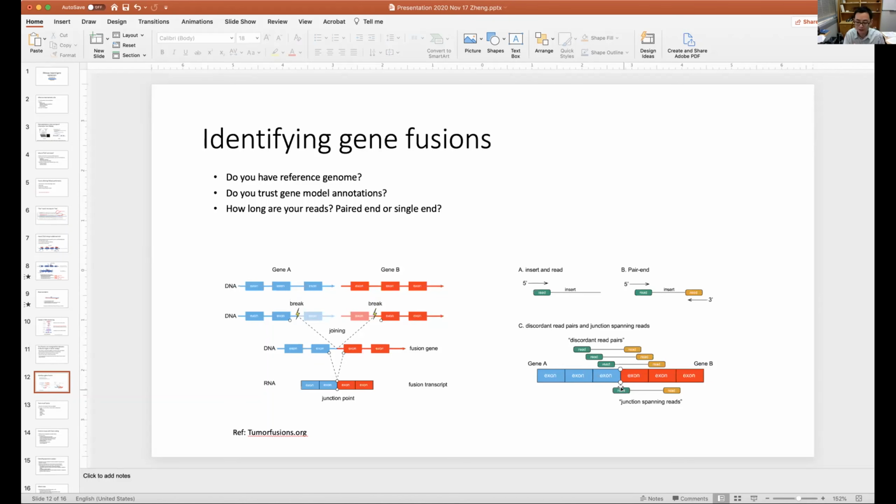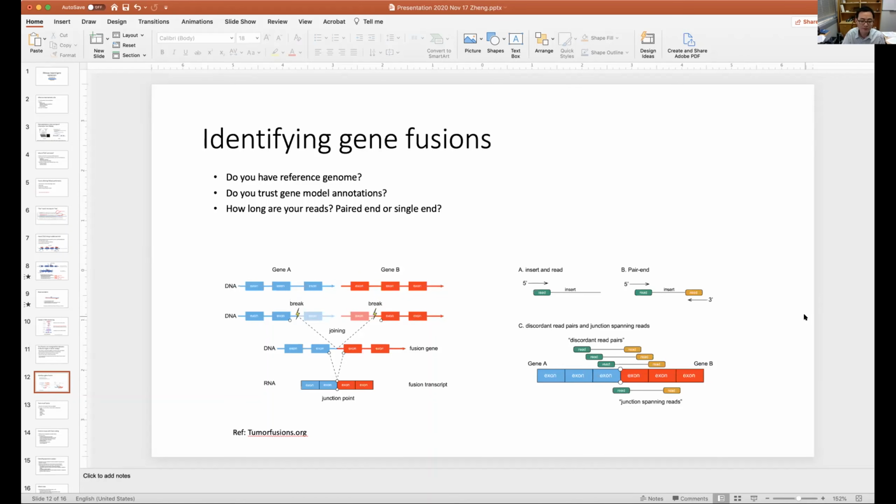If you do find reads that span the exon boundaries between these two genes, that would significantly increase the confidence level of a fusion between those two genes.